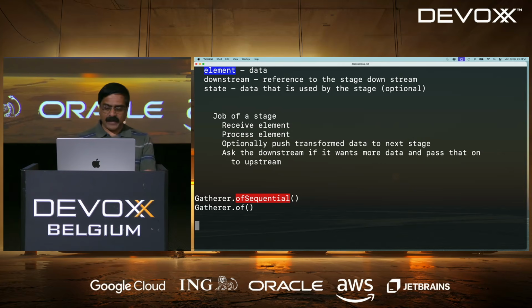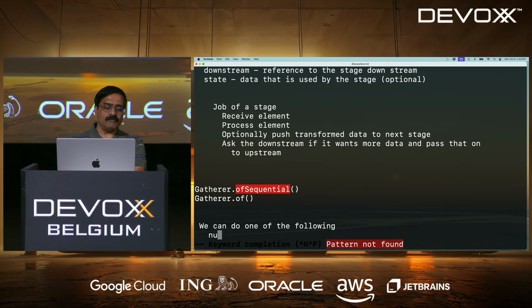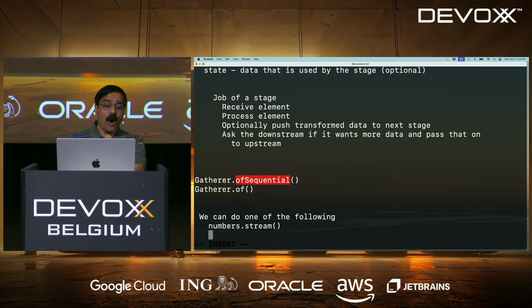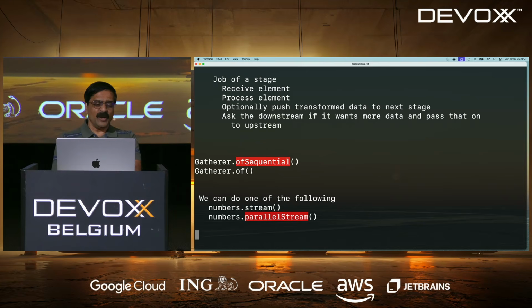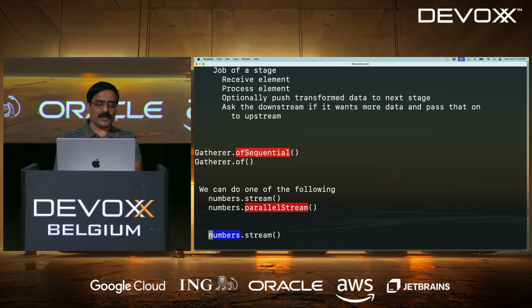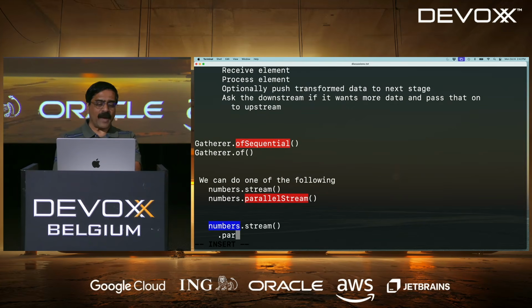So to understand this, let's step back again. This is why basics and fundamentals are so important to get this right. Let's step back to the basics. You can say numbers.stream(), or you can call numbers.parallelStream(). Now we also know you could have said numbers.stream().parallel().